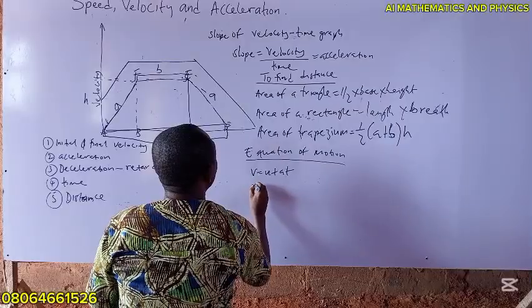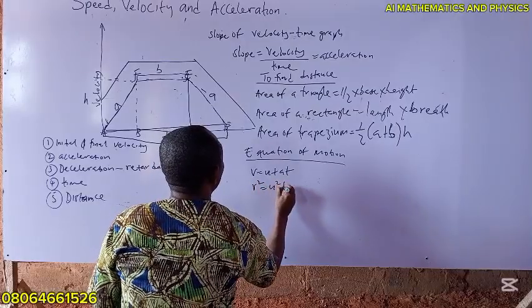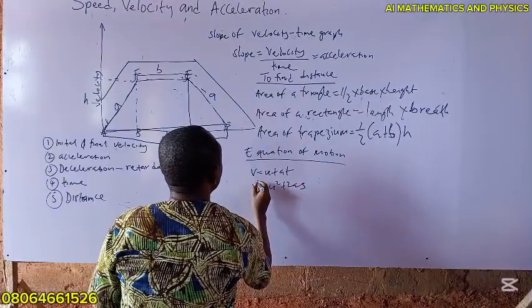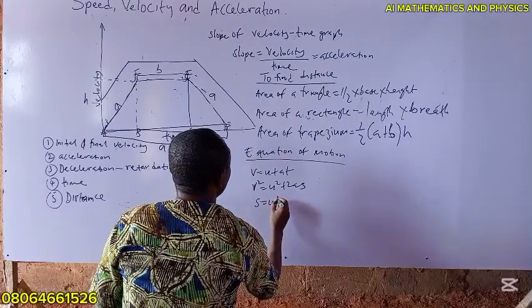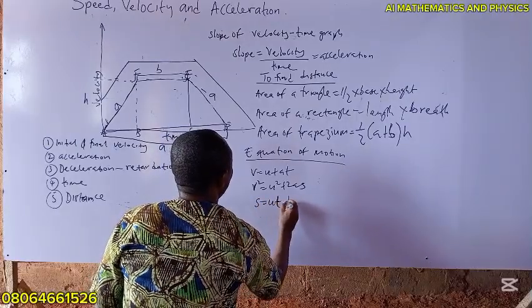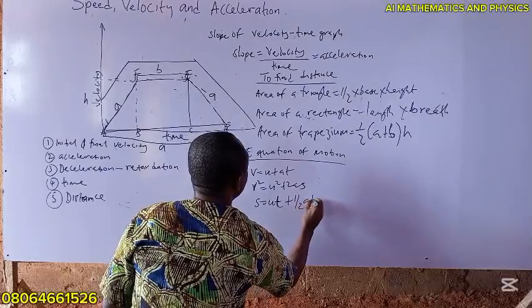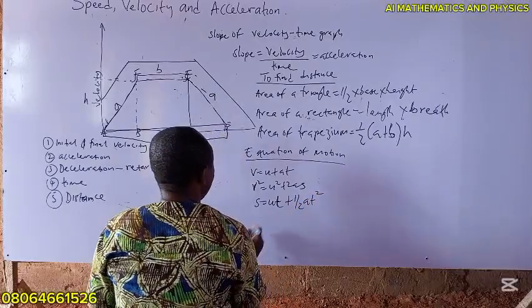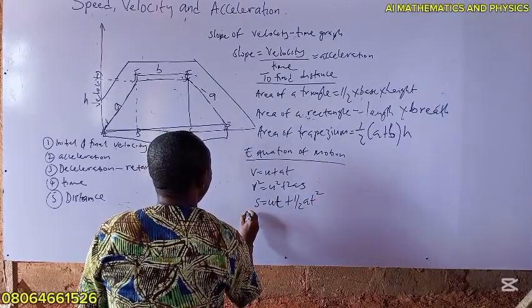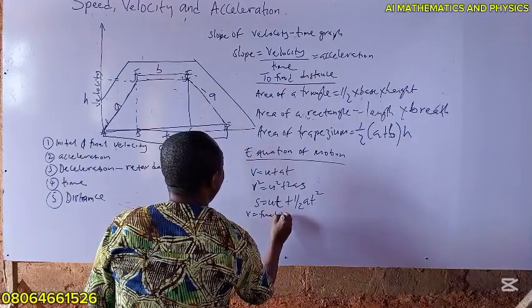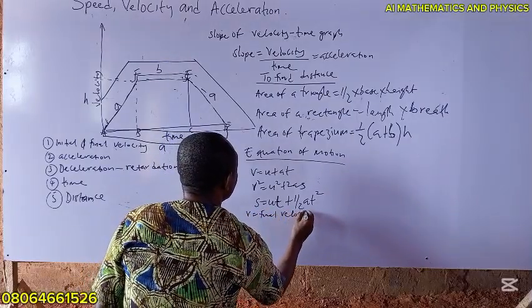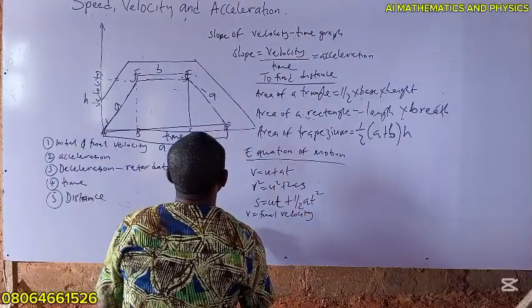You need V squared equals U squared plus 2AX. You need X equals UT plus half AT squared.